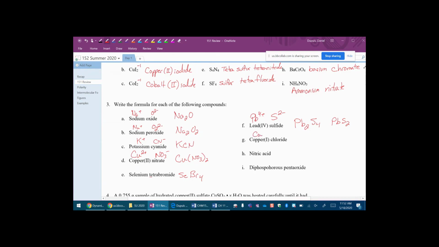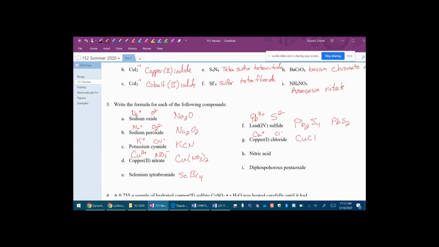Copper 1 chloride. Cu plus, Cl minus, CuCl. Nitric acid. All right, so let's talk about the acids. If you remember, there's 2 types of acid names. There's binary acids or ternary oxyacids. So is there oxygen or not? Hydro, no oxygen.